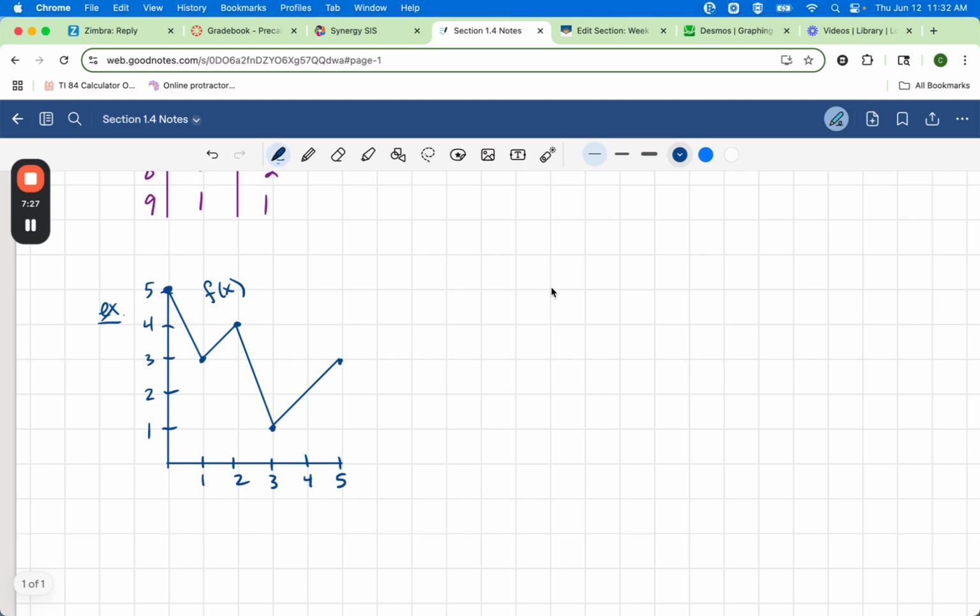Let's go over here and do a graph of G of x now. So same thing, I'm going to go 0 through 5 on both of them.